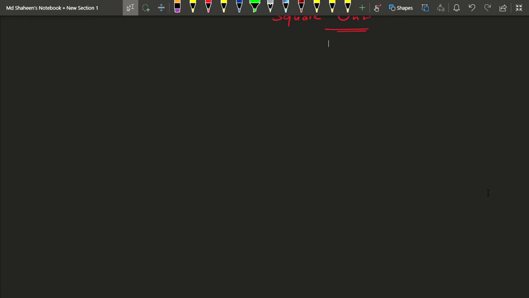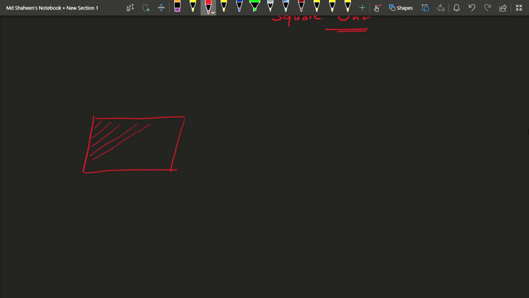Now let's start finding area. First, let's define one more thing here. If we make a rectangle like this, we have to find the closed region inside this, which is called area.